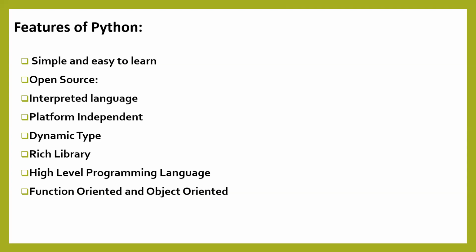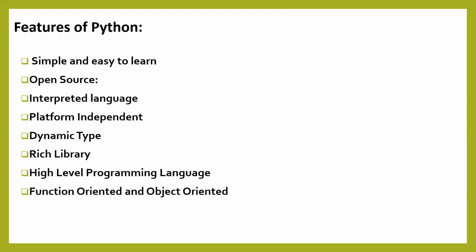And high level programming language. As I said in the first point, it's simple and easy to learn. In the same way, high level programming language means you can understand the program by reading the code and the logic. So Python is a programmer friendly language.